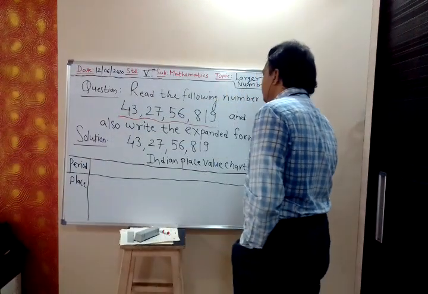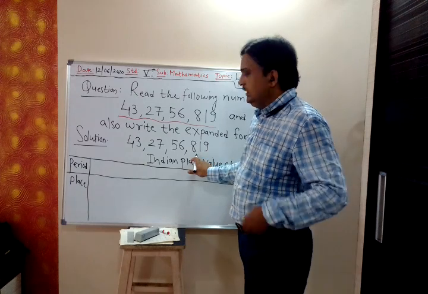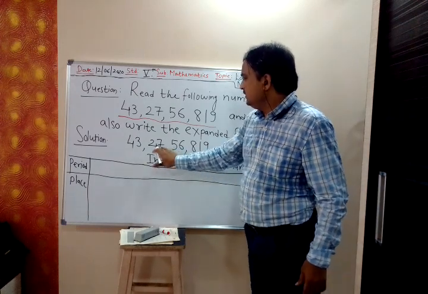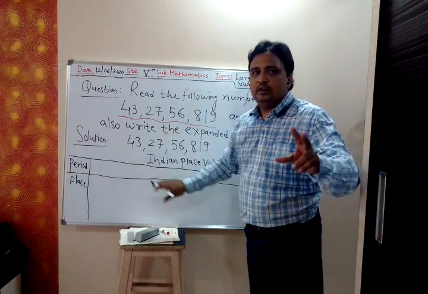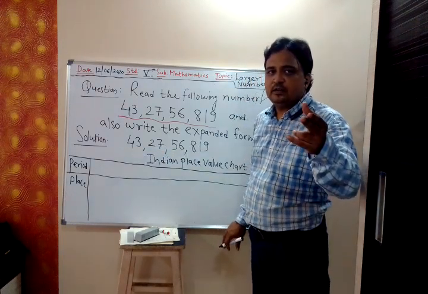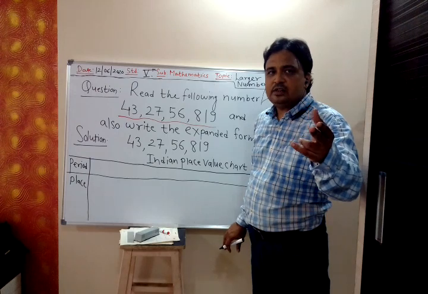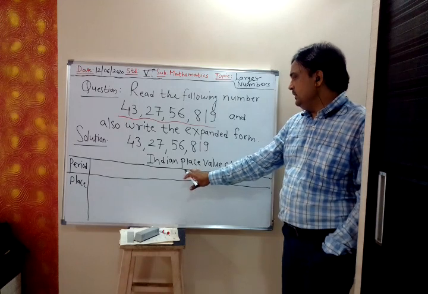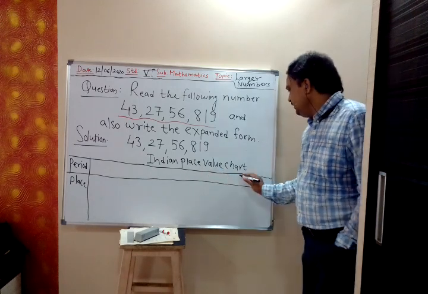We have to write first because this number is divided into 4 groups: ones, thousands, lakhs, crores. For the Indian system of numeration, we write the number in the Indian place value chart.